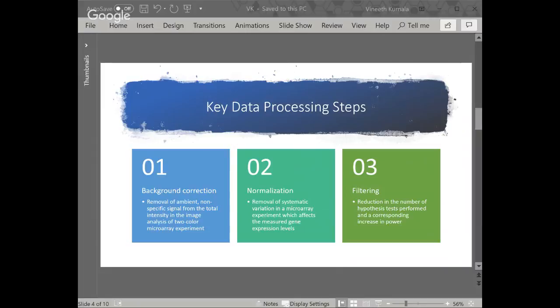So the normalization removes this variation, which might affect the measured gene expression levels for various reasons, such as experimental bias, variability in experimental conditions, sample collection and preparation, or the machine parameters.